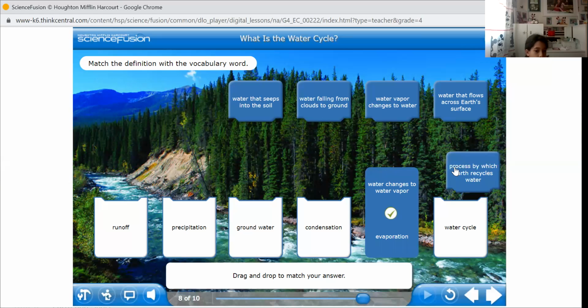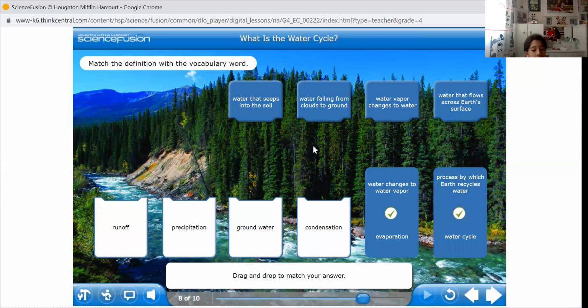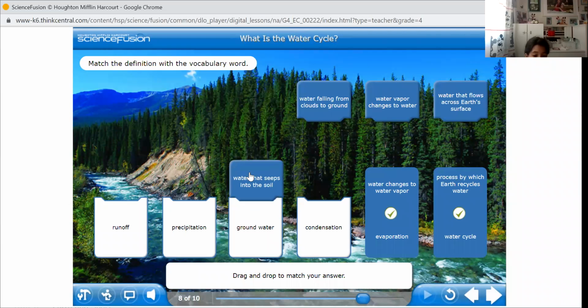Excellent, excellent. Too easy. Yes, it is. Leah, again, water that seeps into the soil. Seeps into the soil, go down. Ground. Excellent, bravo.